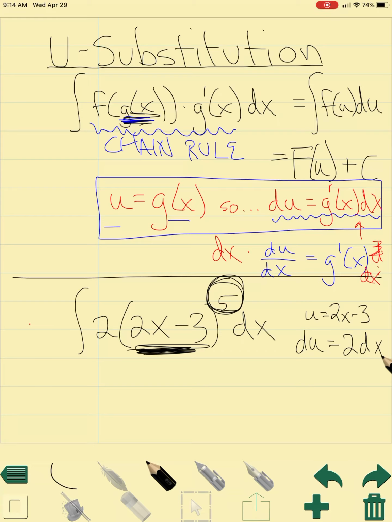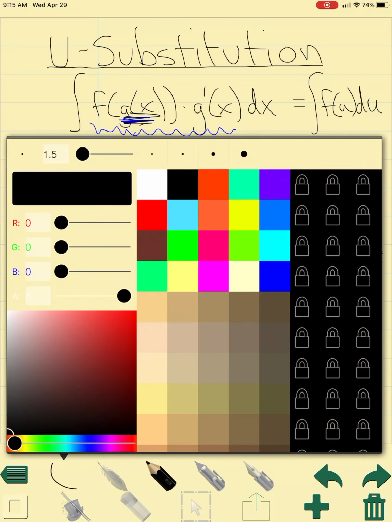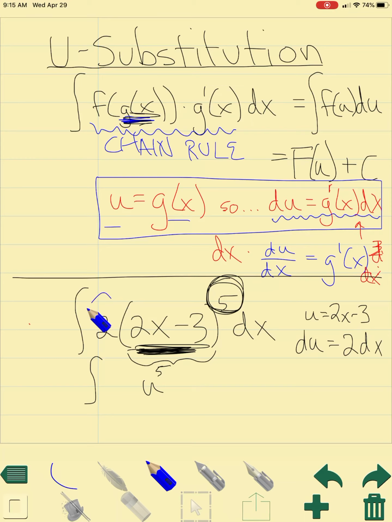Okay, so du dx is equal to 2, so then you multiply both sides, but you'll get used to just writing that dx on the right side. So if I substitute, my 2x minus 3 is a u now, so I get u to the 5th, and then my 2 dx is just equal to du.